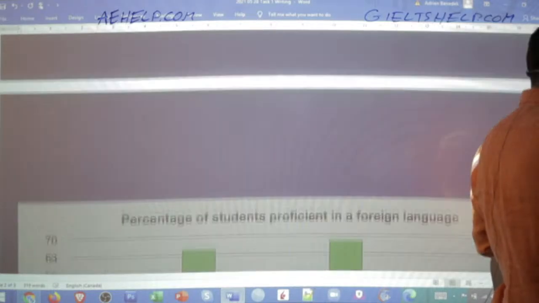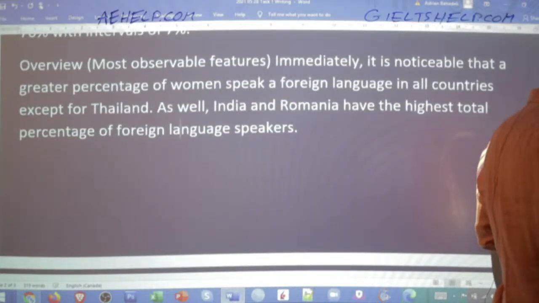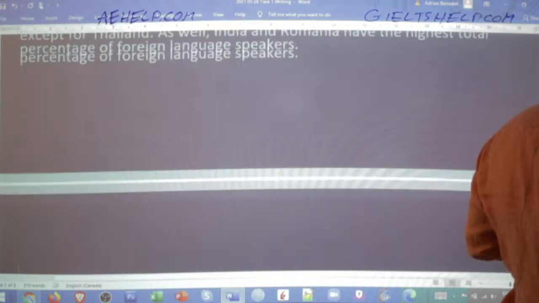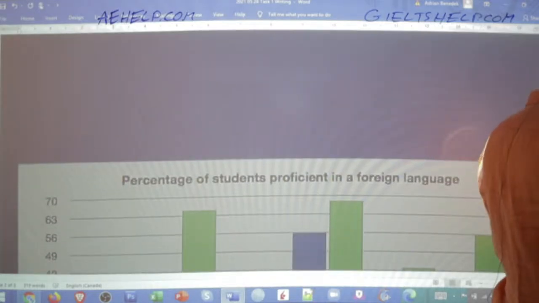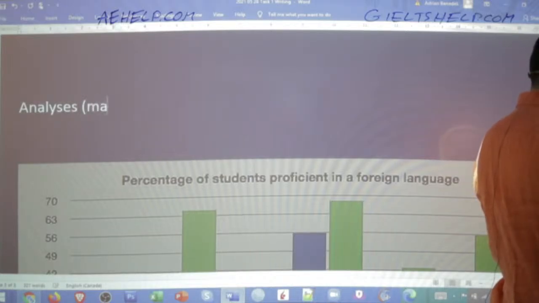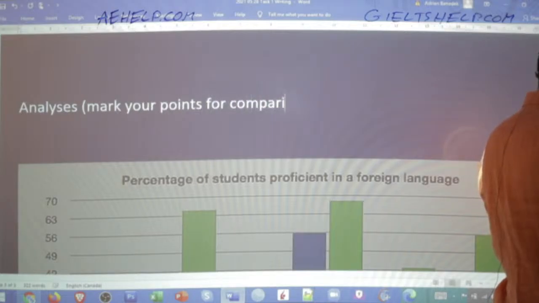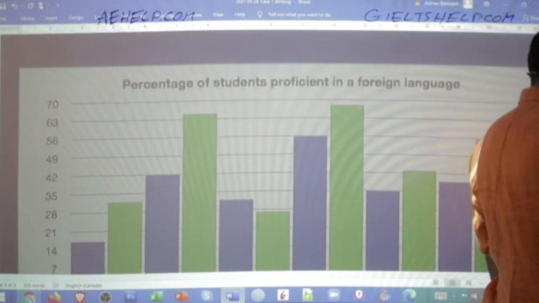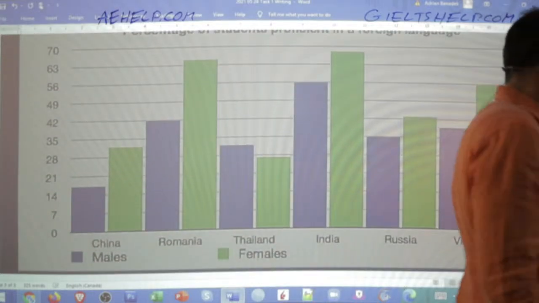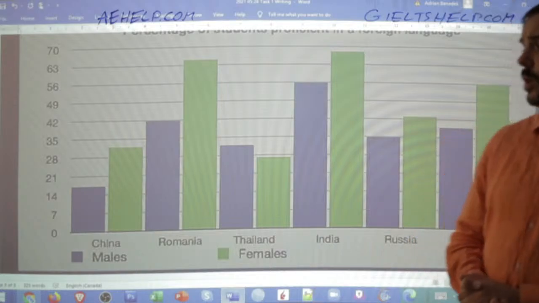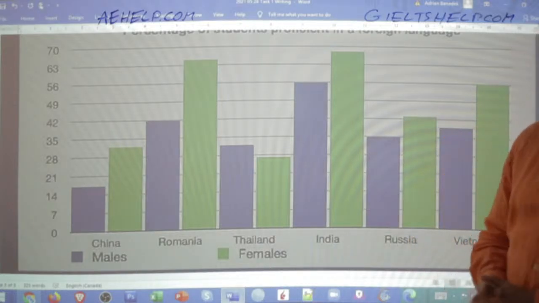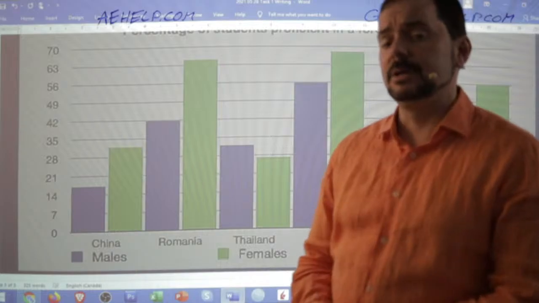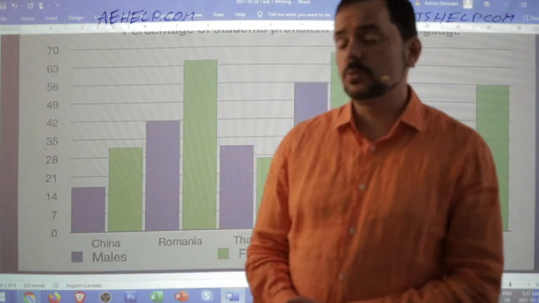Let's get into the fun part, which is the analysis, okay? Or we can call it the analyses for plural. So for the analyses, you want to indicate your points of comparison, and you have to be really careful here because you want to write at least 150 words.